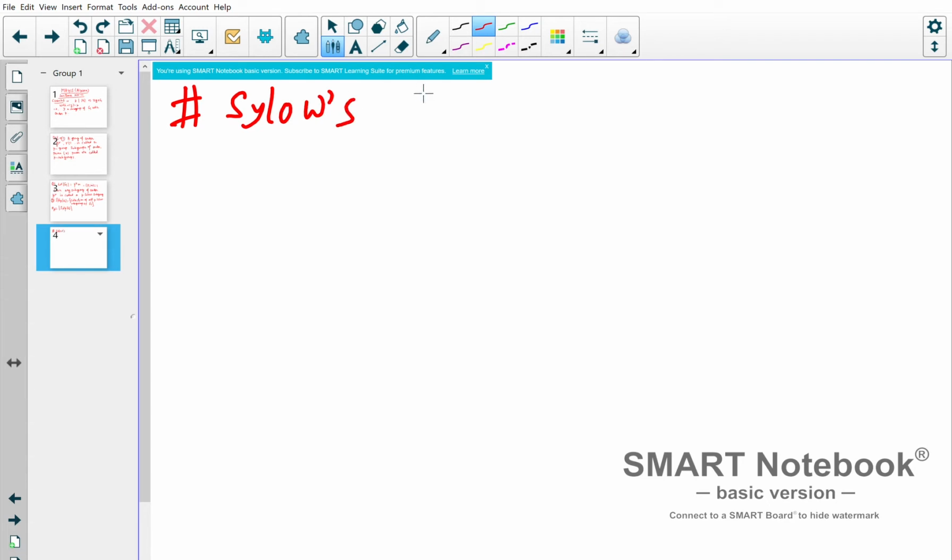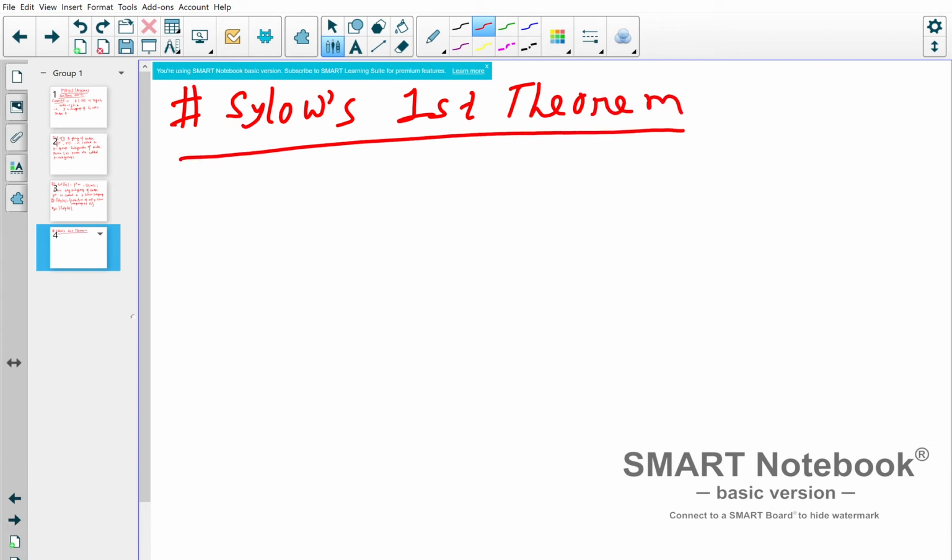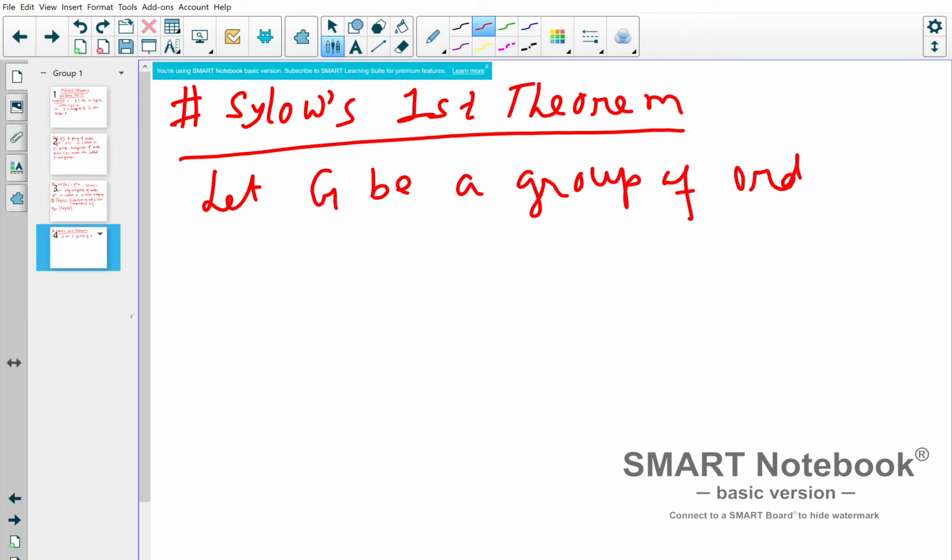Sylow's first theorem. So what does it say? Let G be a group of order p power r times m, with GCD of p and m equal to 1.